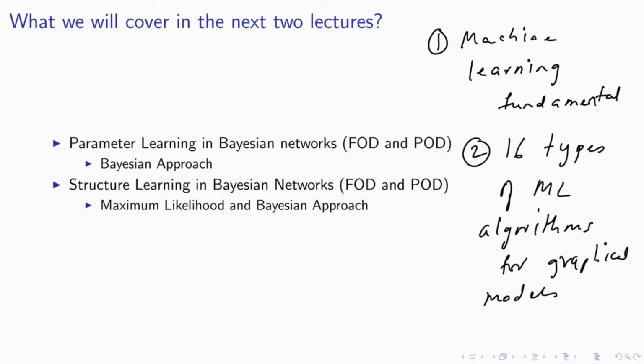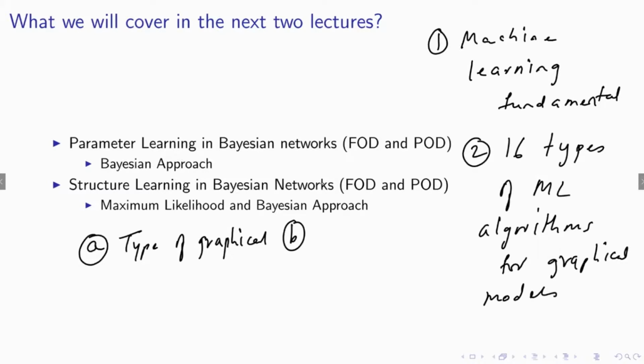If you remember, we had 4 dimensions. The first dimension was the type of graphical model, either a Bayesian network or a Markov network. Another dimension talked about what type of learning you are going to do, whether it's going to be Bayesian learning or maximum likelihood estimation.